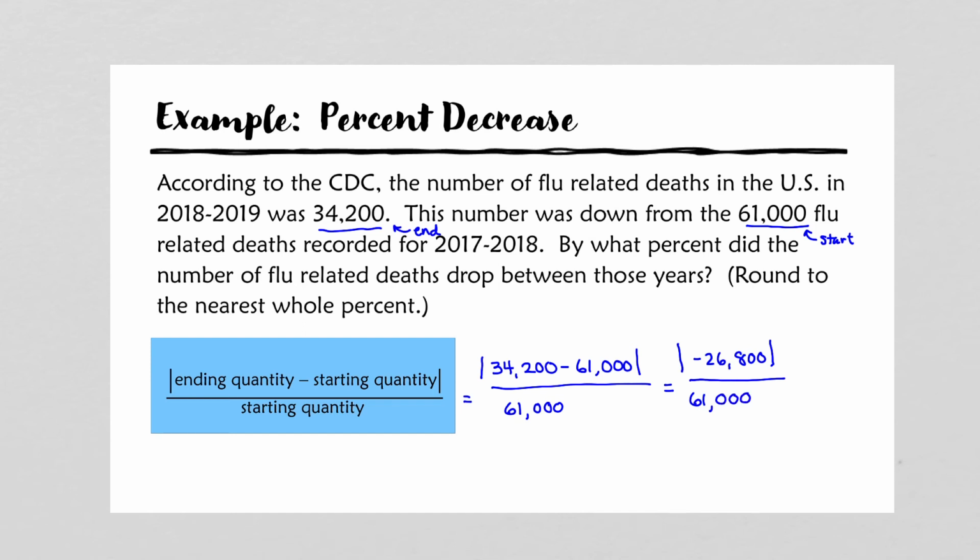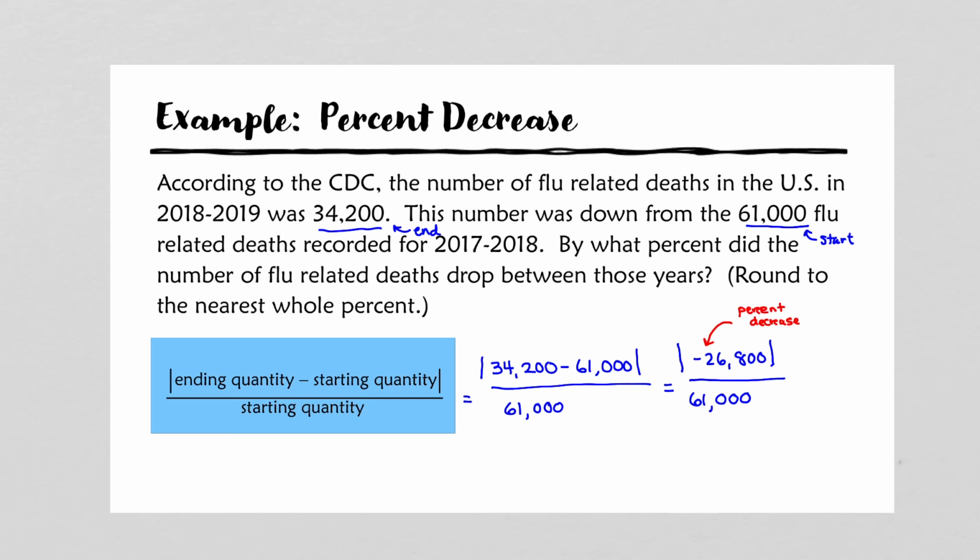And of particular note is the fact that the value in the numerator inside the absolute value sign is negative. Why is it negative? It's negative because our ending amount was smaller than our starting amount. And when you see a negative sign inside your absolute value, this corresponds to a percent decrease. This is what makes it a percent decrease as opposed to a percent increase. Our numbers are getting smaller.